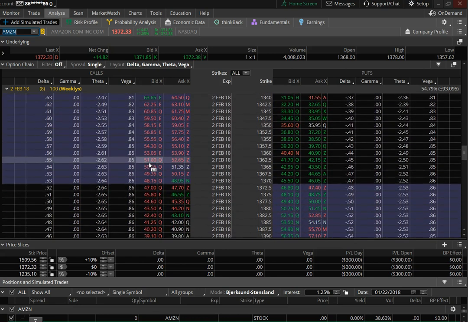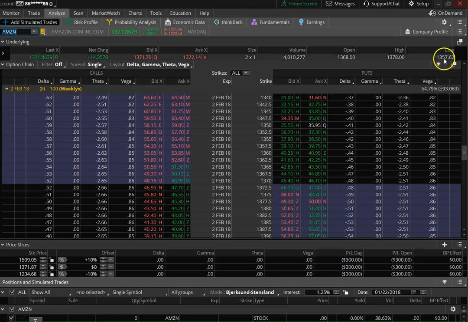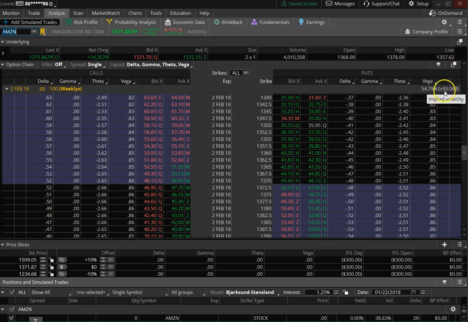So here's your at the money. Good luck with this one. This one has an implied volatility of 54 and an implied move of $93 up or down, which is basically saying the market will range within 180 points over the next 8 days.